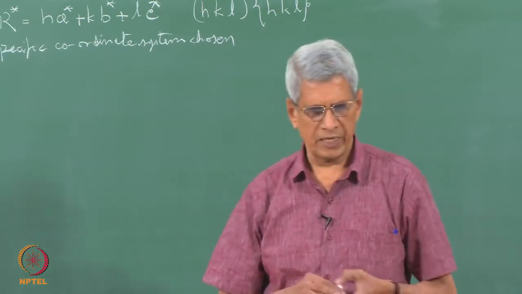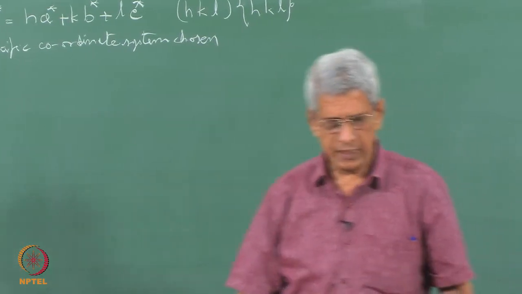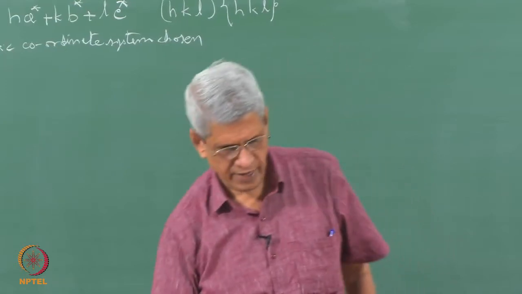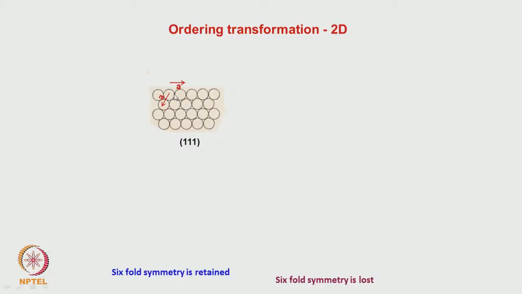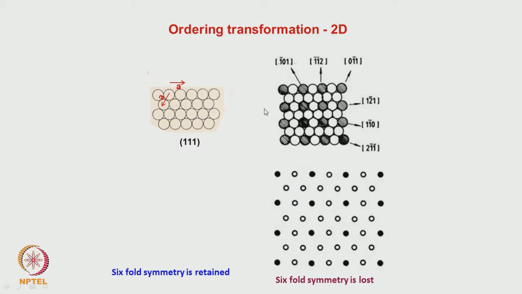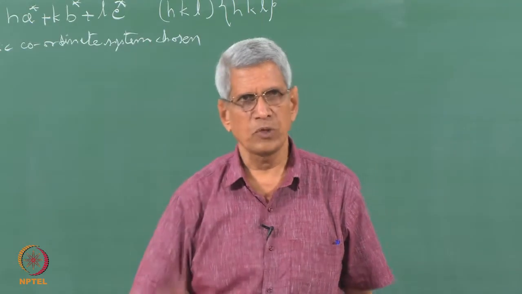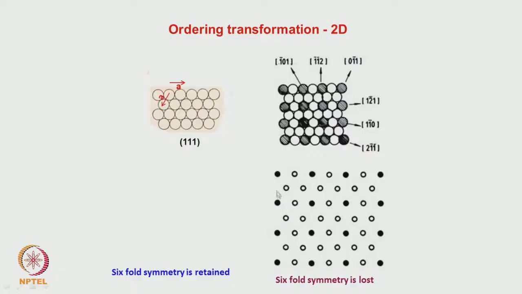Let us take a two-dimensional, disordered hexagonal lattice which we are showing. In this, the lattice translation vectors are shown with an angle of 120 degrees between them. In this particular case, assume that ordering is taking place. It transforms into an ordered lattice. Now, if you look at this ordered lattice, atoms are occupying specific positions.